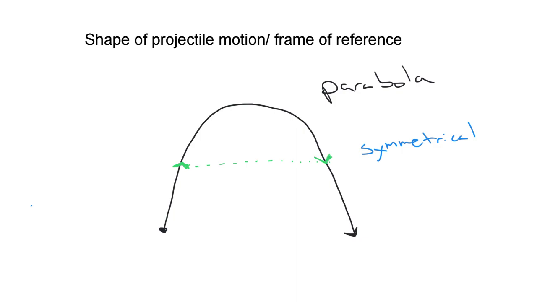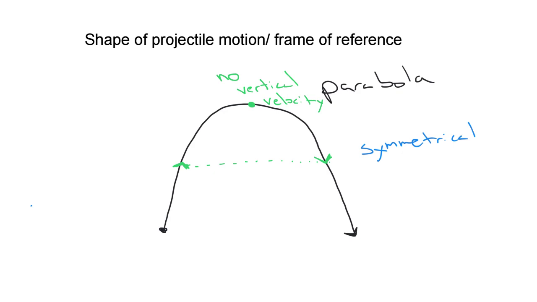The velocity might be in a different direction, but the speed should be the exact same. And then right at the very top, we could still have horizontal velocity, but right at the top, we have no vertical velocity. But you can still be moving forward on this parabolic arc.